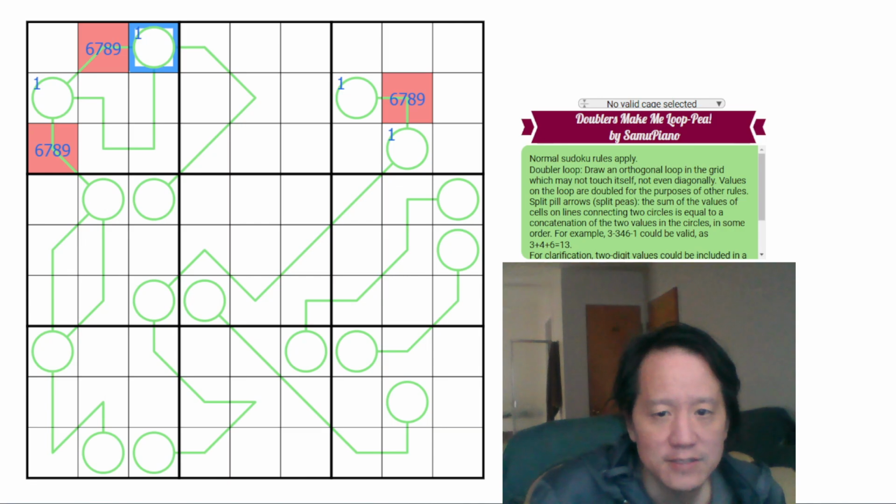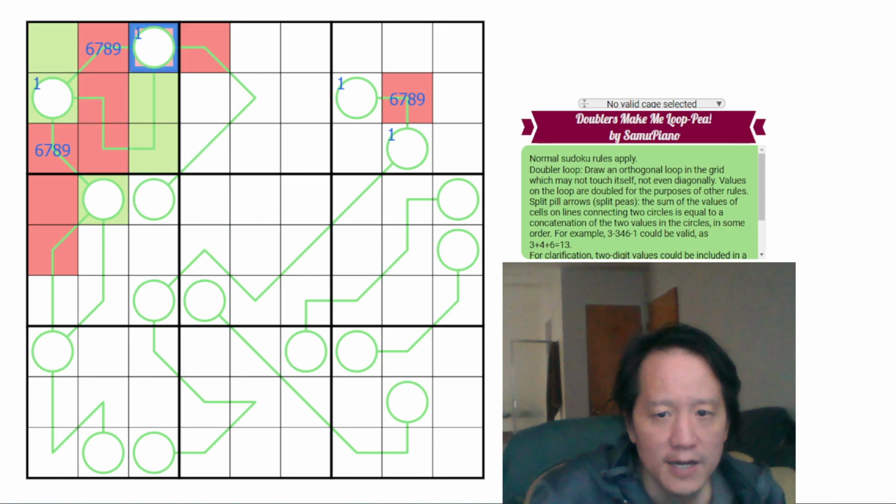Therefore, this has to be doubled, and this one cannot be doubled. So therefore, it has to go down. This is green, so that's not doubled. This one has to go down. These are fine. That means this is doubled. So it has to go here. So we're just building the loop, and it has to go here, right?